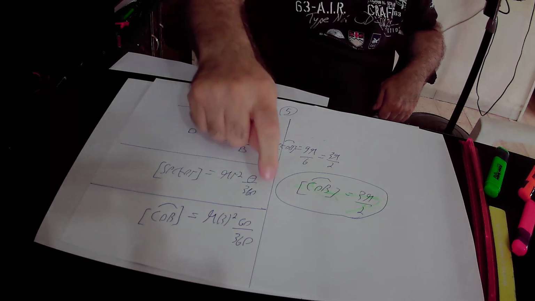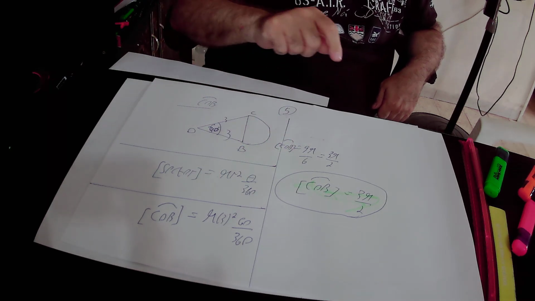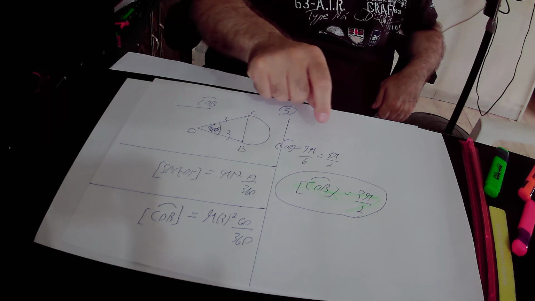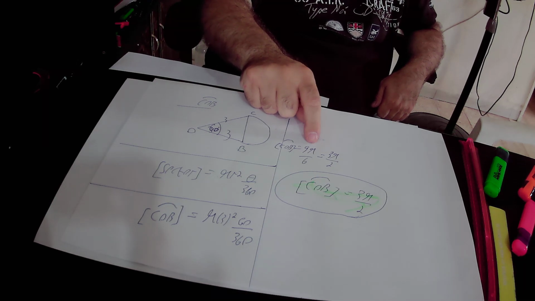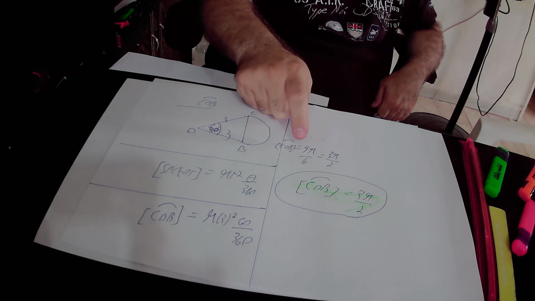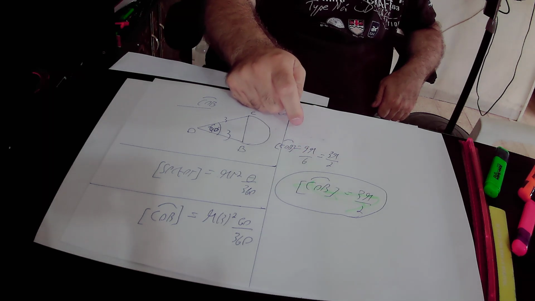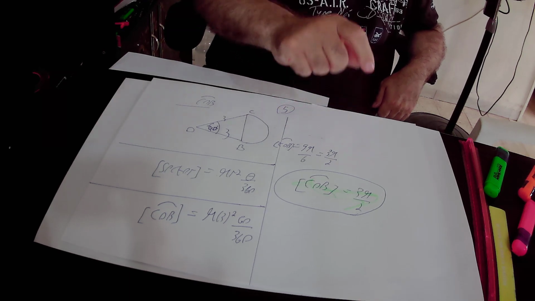So in total this expression equals 9 pi over 6. We divided both the numerator and the denominator by 3. 9 over 3 is 3, so in the numerator we get 3 pi. 6 over 3 is 2. So we found out that the area of sector COB equals 3 pi over 2 square units.